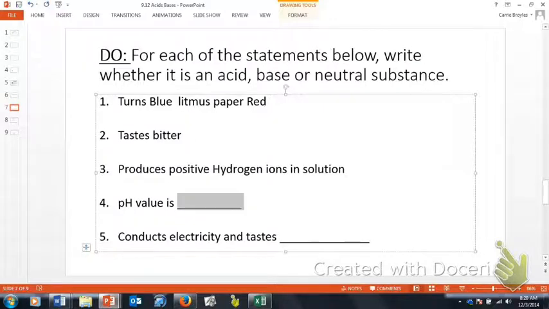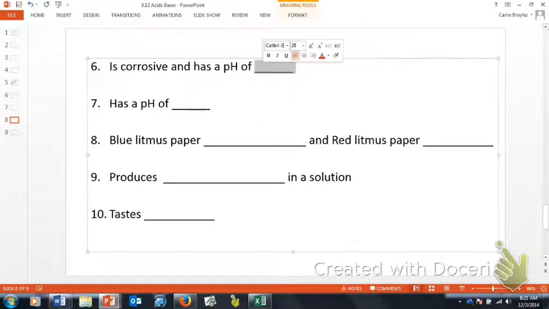Number 4, if the pH value is that of 7, what kind of substance do you have? Number 5, if it conducts electricity and tastes sour, what kind of substance do you have? Number 6, if it is corrosive and has a pH of 11, what type of substance do you have?